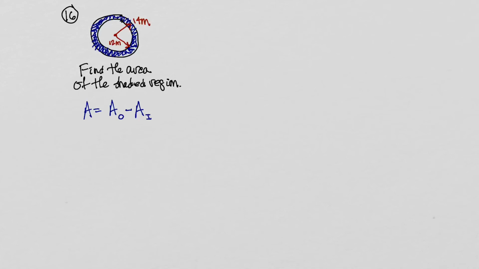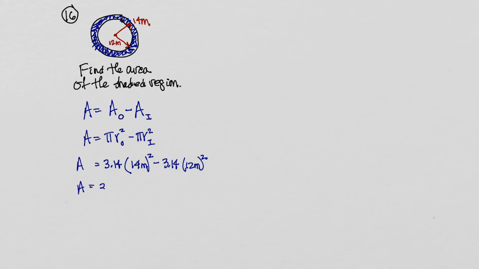So we're going to get that the area is pi r squared for the outer circle minus pi r squared for the inner circle. So the area is 3.14 times, now the radius of the outer circle is 14 meters squared, minus 3.14 times 12 meters squared.